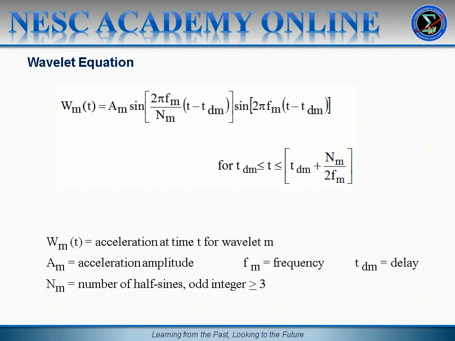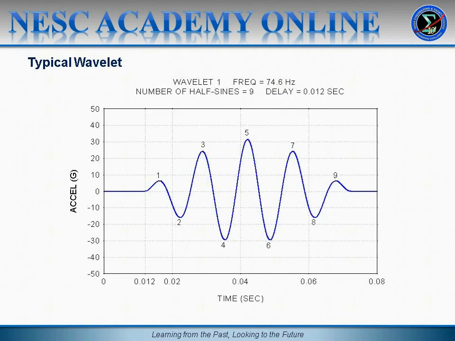Then also in the argument we have the time t minus a delay time represented by t sub dm. For the second sine function, we have 2 pi f sub m, and then we have our time argument again. So this is the equation for an individual wavelet, and we're going to have a series of these wavelets for an acceleration-based input pulse in order to satisfy the shock response spectrum specification.